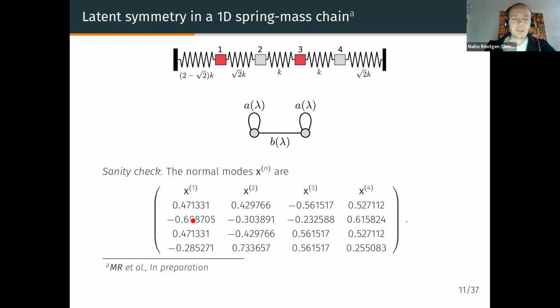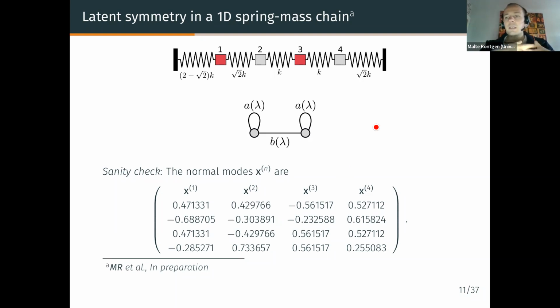I let Mathematica compute the eigenmodes or normal modes, and what you see here are the 4 normal modes. If you look at the first and the third line, you will see that the first normal mode has positive parity, 2 and 3 have negative parity, and the fourth has positive parity as well, just as I promised. And you see that all normal modes of this very asymmetric looking system will have parity on those masses 1 and 3.